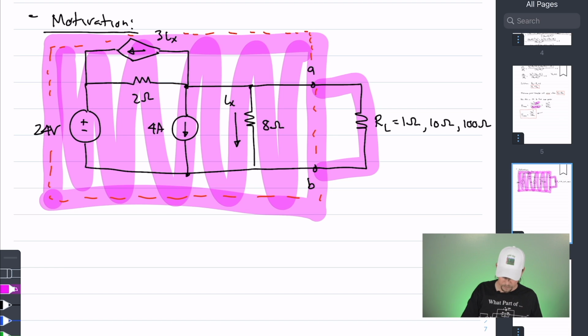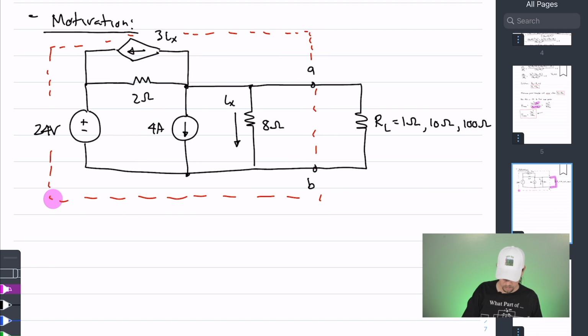And it turns out that we can. We can actually replace any linear network whatsoever with what they call its Thevenin equivalent. So that's the topic for today.